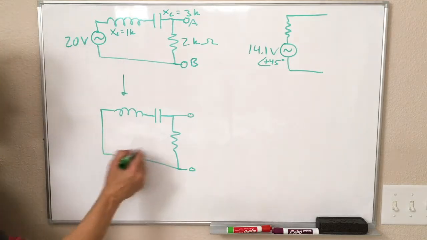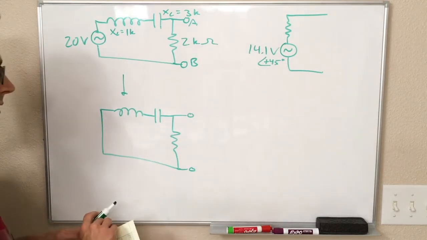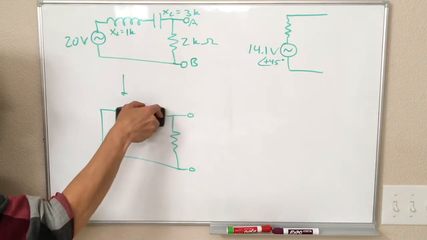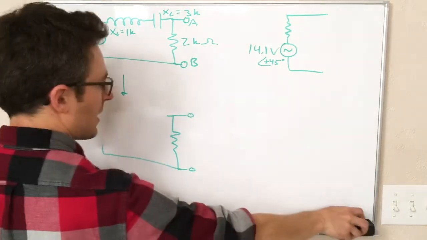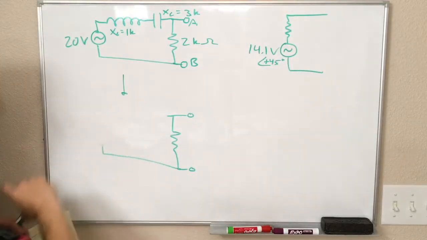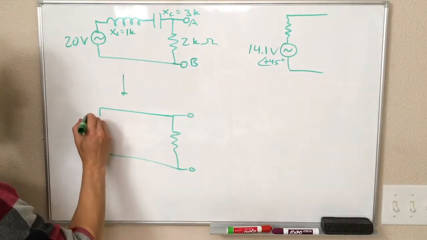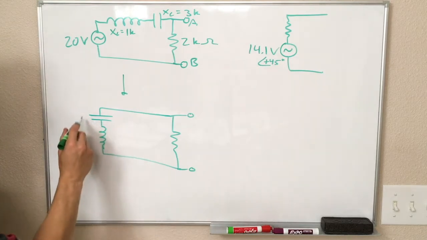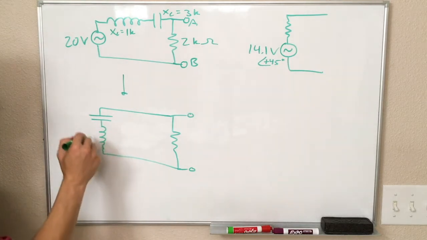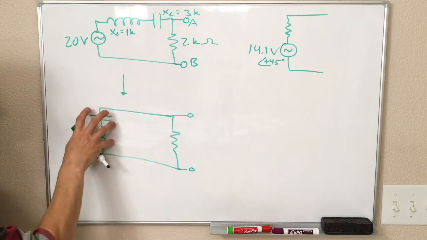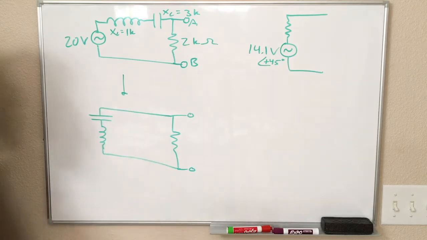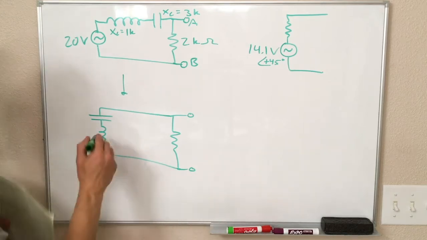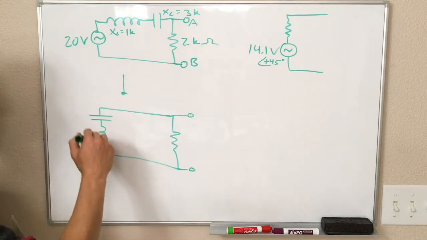Well, this circuit we can also redraw in a way that looks a little better. I'm just going to move these around. So I'm going to take the inductor and capacitor and shove them over on this side just so it hopefully makes more sense to the eye. These two are in series, but that series is in parallel with this resistor. So this is not so bad. We need to start by combining these.